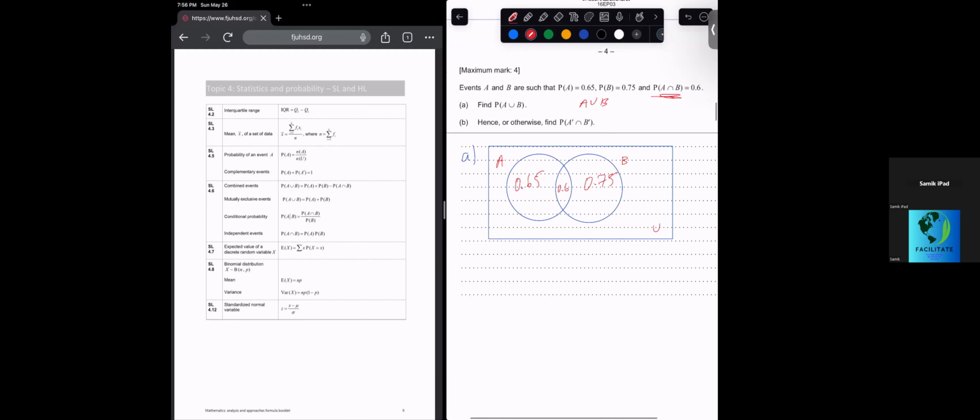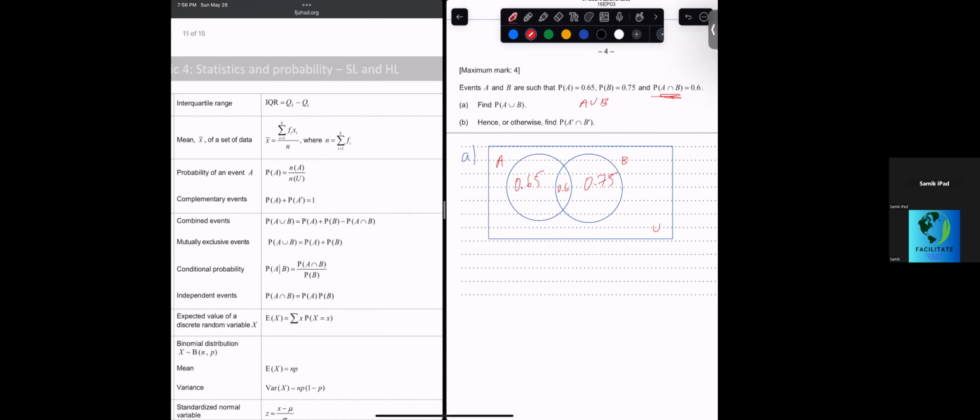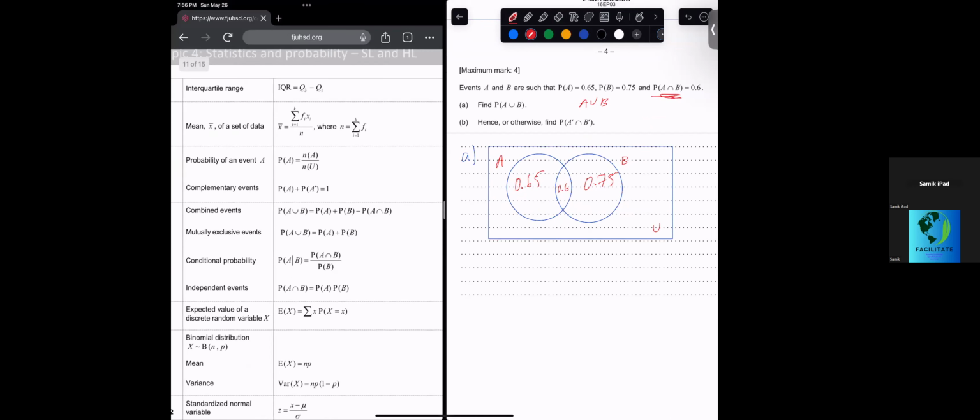let's use our formula from the data booklet. So we know this is a combined event. It's not given that it's a mutually exclusive event. So we must use the first formula that's given, which is P of A union B is equal to P of A plus P of B minus P of A intersection B. This is now equal to 0.65 plus 0.75 minus 0.6.